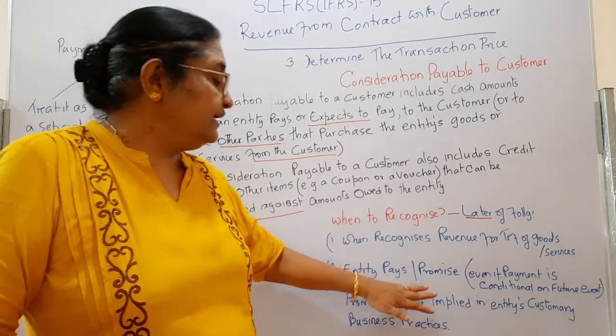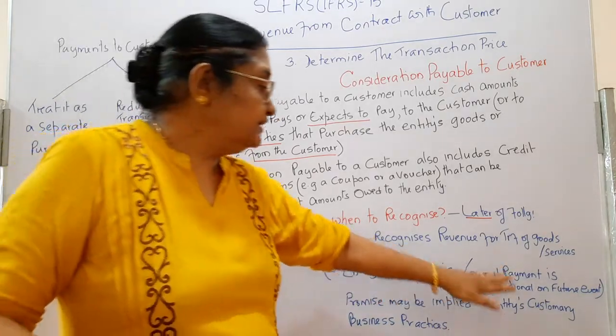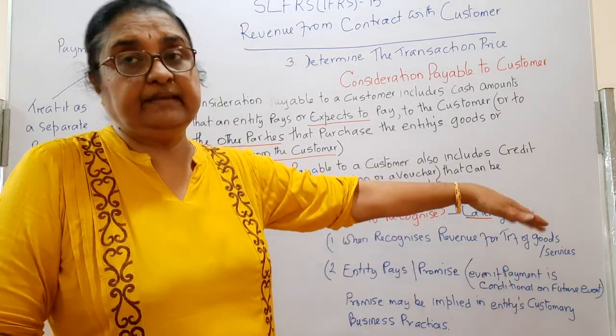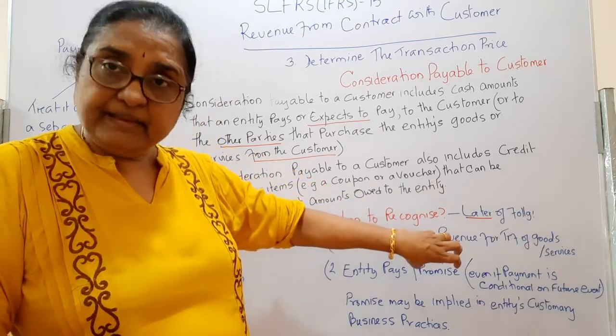Or when the entity pays or promises, even if the payment is conditional on a future event. There can be a future event, occurrence or non-occurrence, that can affect the payment.